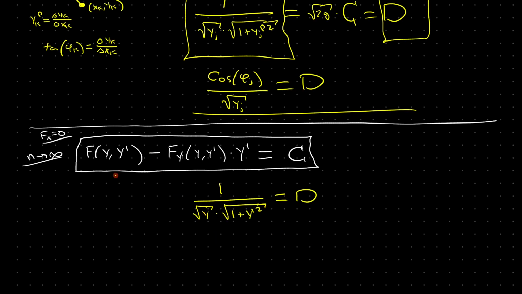If you plug in for f and fy prime, this is exactly what you're going to get for the Brachistochrone problem.